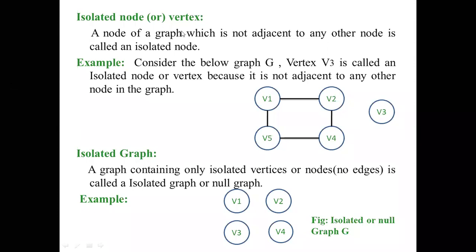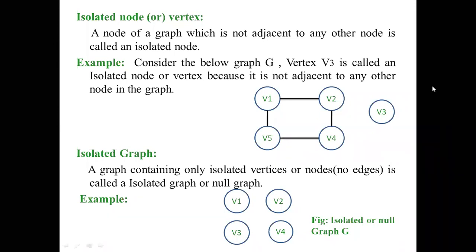So what are adjacent vertices? If an edge is connected to two vertices V1 and V2, then V1 and V2 are called adjacent vertices. So what is an isolated vertex? A vertex of a graph which is not adjacent to any other vertex is called an isolated vertex.